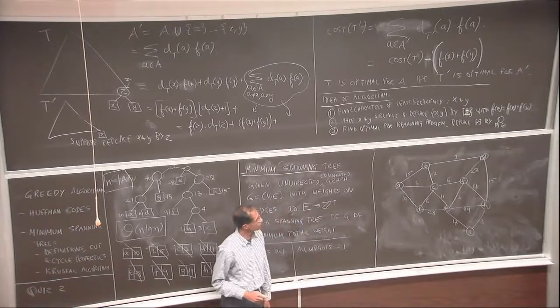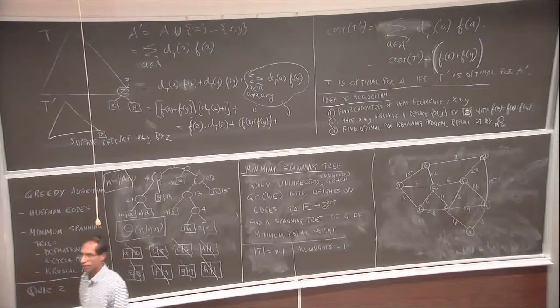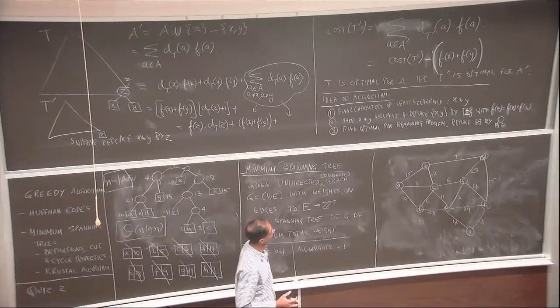Okay. Let's say this is the connected graph we are given, and those are the weights of the edges. So I want to build a minimum spanning tree here.